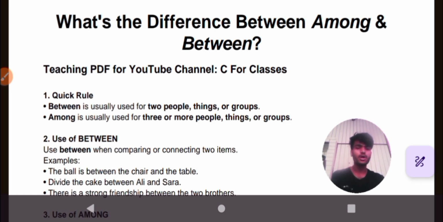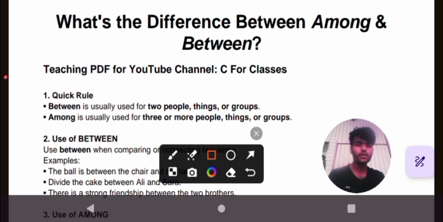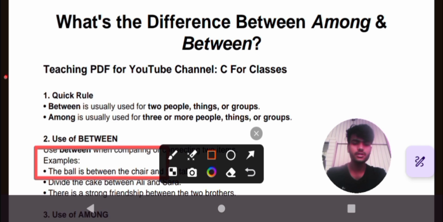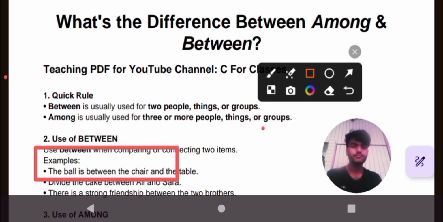And if I talk about an example, this is the example: the ball is between the chair and the table. Why do we use between here? Because we are talking about two products.